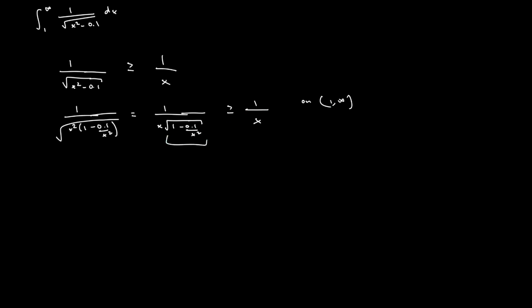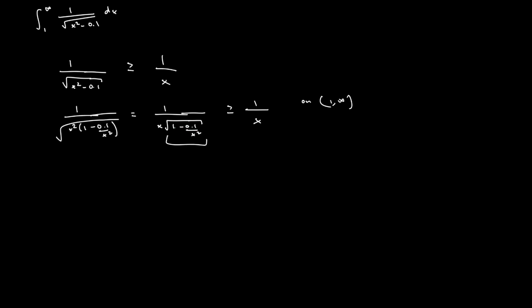this second term will always be less than or equal to 1, because as x tends towards infinity, this term in the square root tends to 1, but it is originally less than 1.